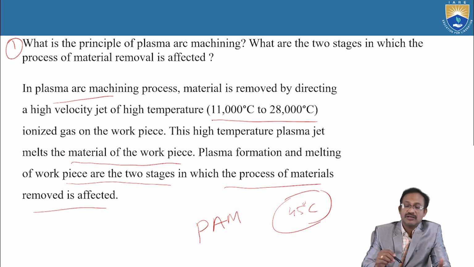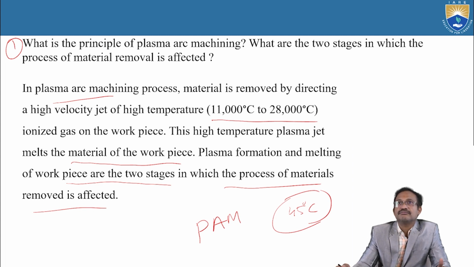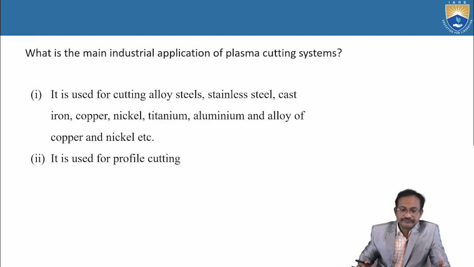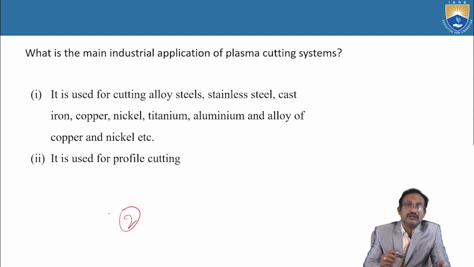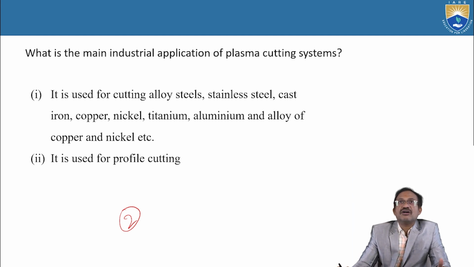So here, one is formation of plasma and the other one is melting of workpiece. Second, what is the main industrial application of plasma cutting systems?